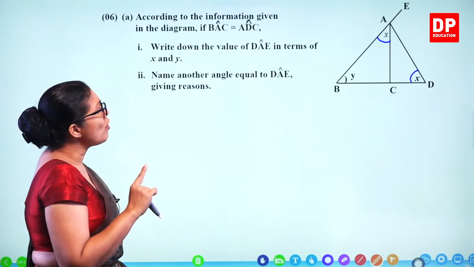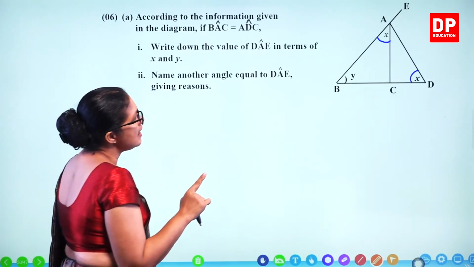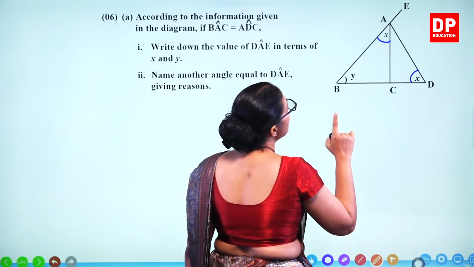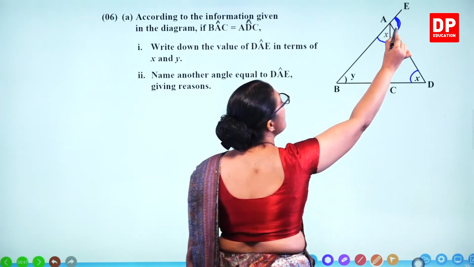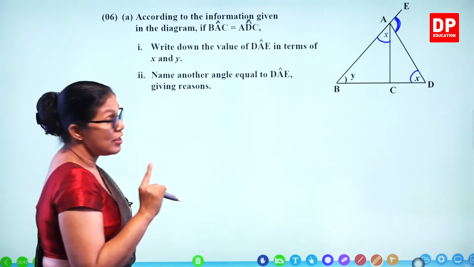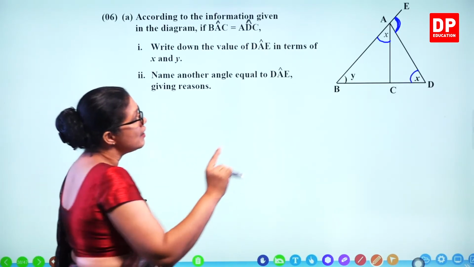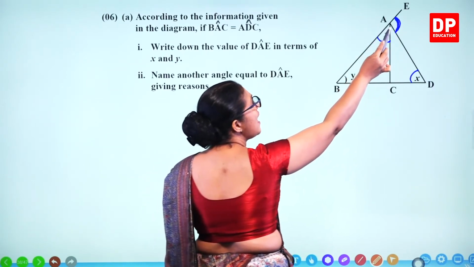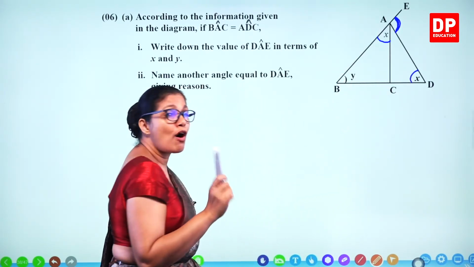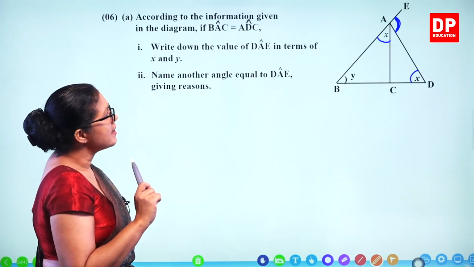Write down the value of DAE. This angle we need to find out. How do you find out that angle? So you need to look at it carefully. When you take this angle, this is the exterior angle. That angle is equal to the sum of interior angles.